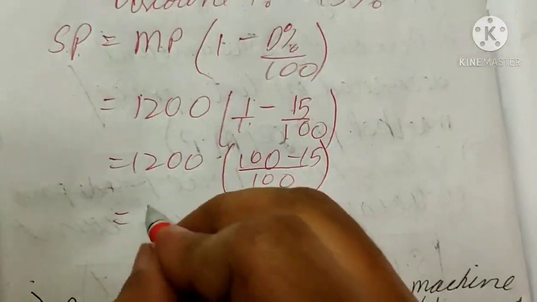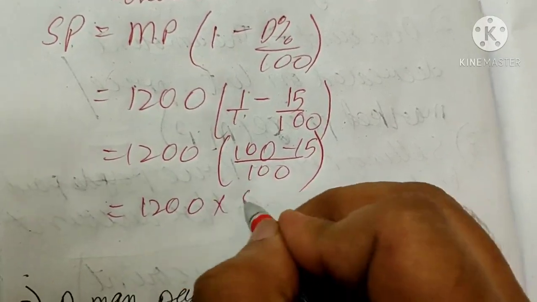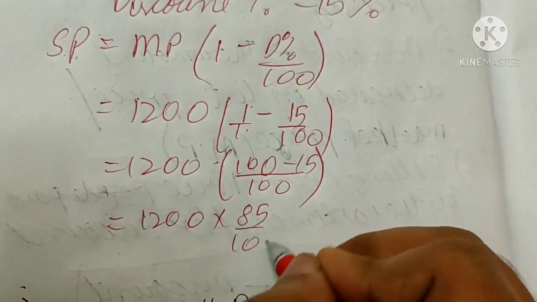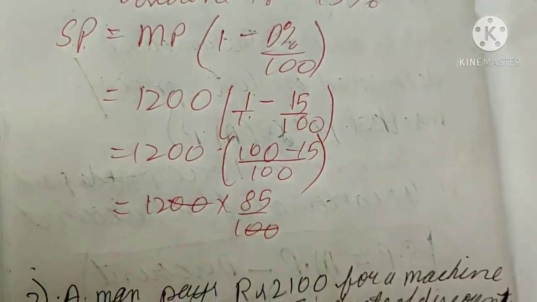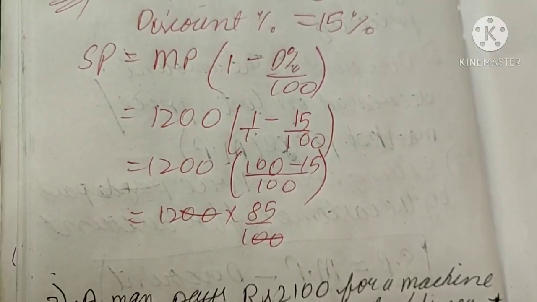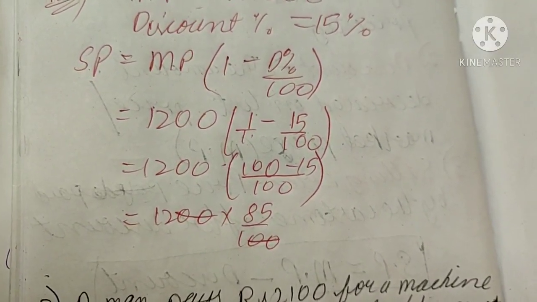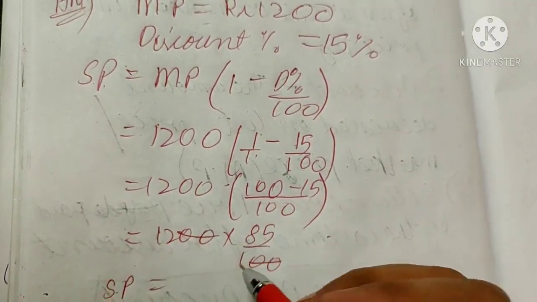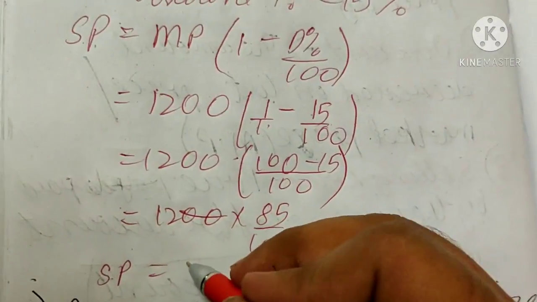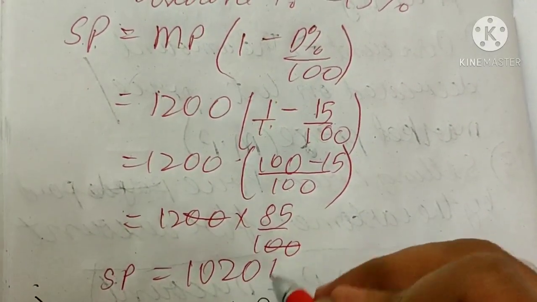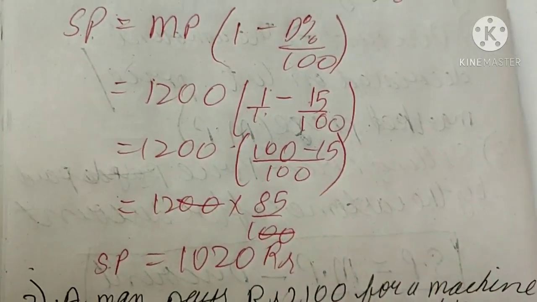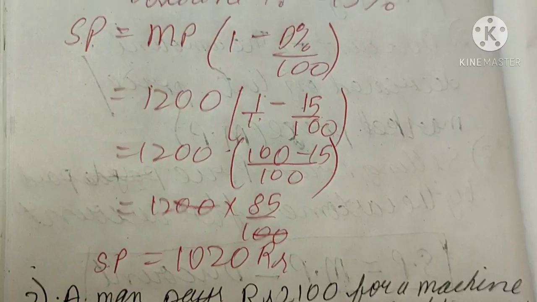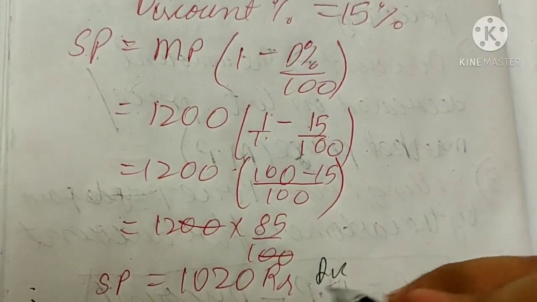So 1200 into 85 upon 100. This is reduced, so now 85 into 12 will give us the SP. So SP here will be 1020 rupees. So this is the answer in this question.